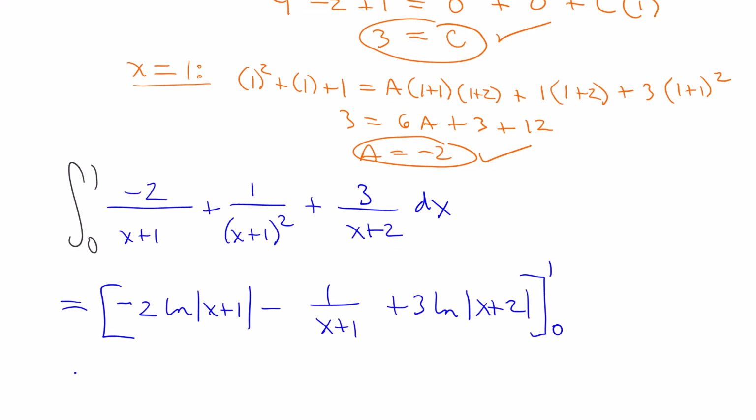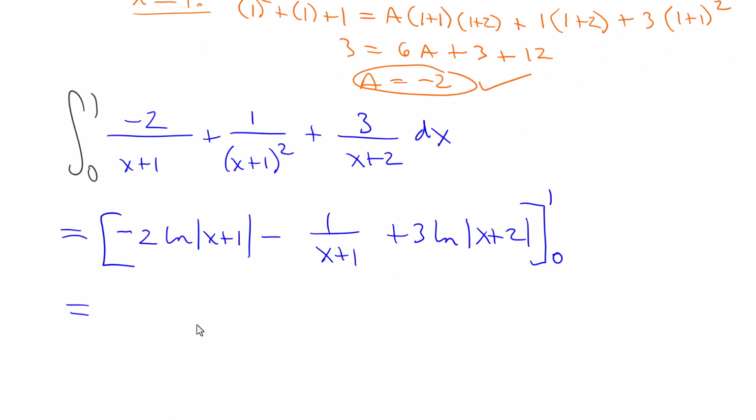But that should be working out that way. And then, of course, you'll do the fundamental theorem of calculus by plugging in 1 first to this entire expression, and then subtract the result, plug it in 0. I'm going to skip a few steps on this, but check the result. You should end up with 1/2 minus 5 natural log of 2 plus 3 natural log of 3.